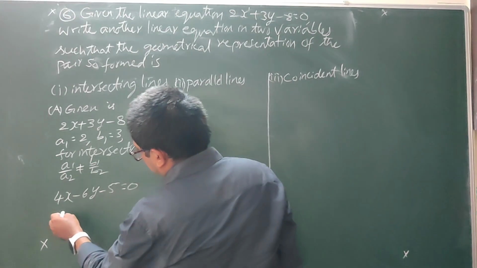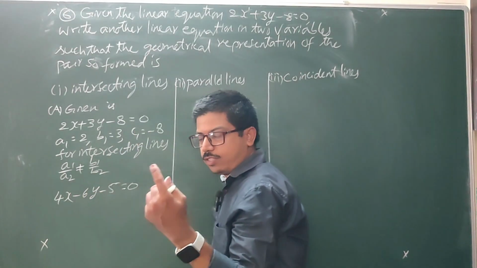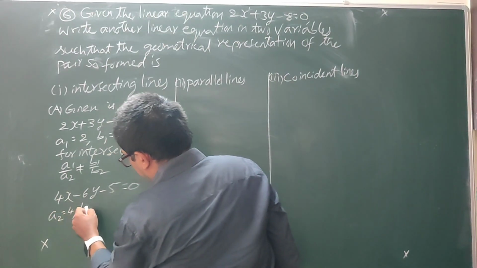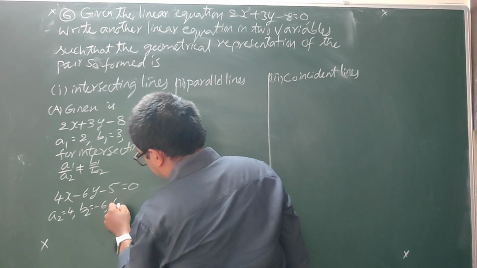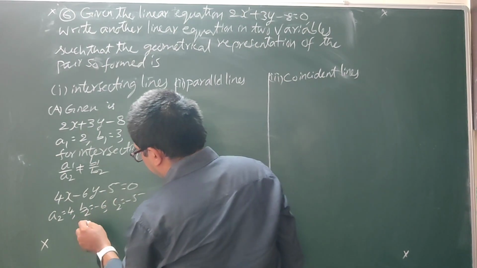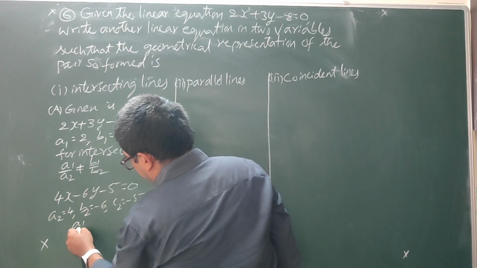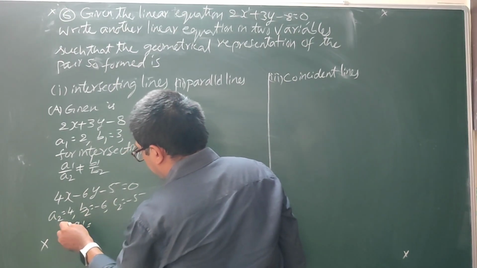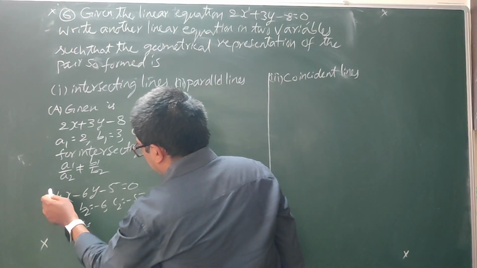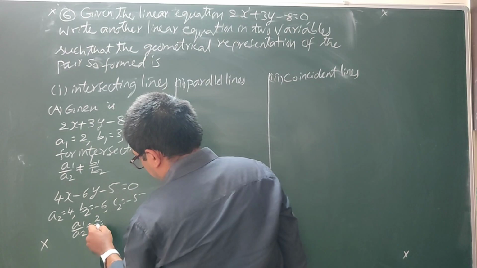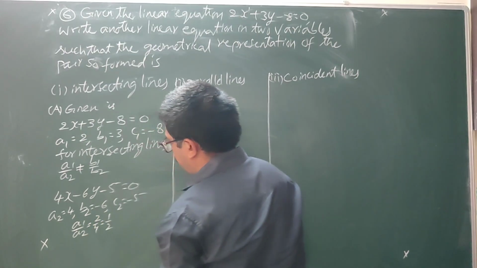You can observe, if you want to verify: a2 equal to 4, b2 equal to minus 6, c2 equal to minus 5, and comparison a1 by a2 equal to 2 by 4 equal to 1 by 2.